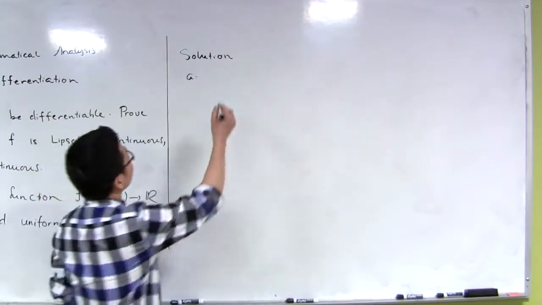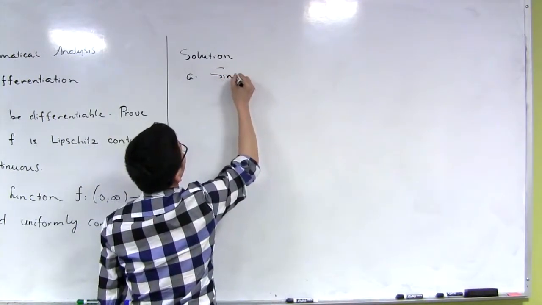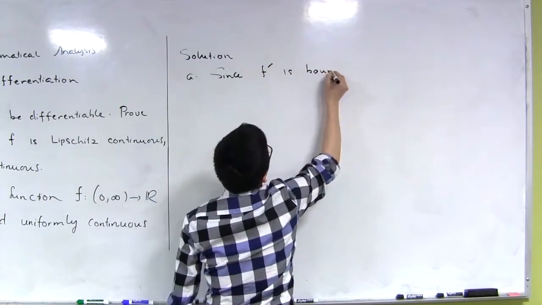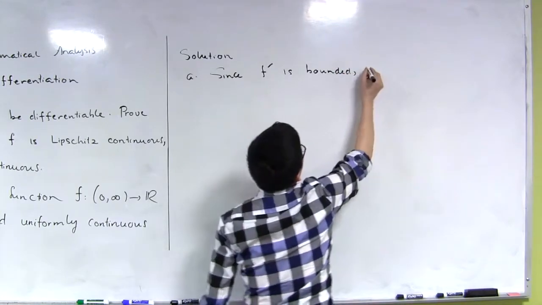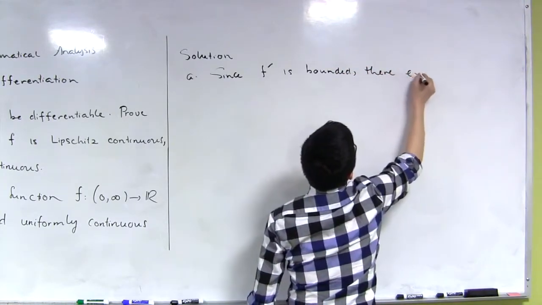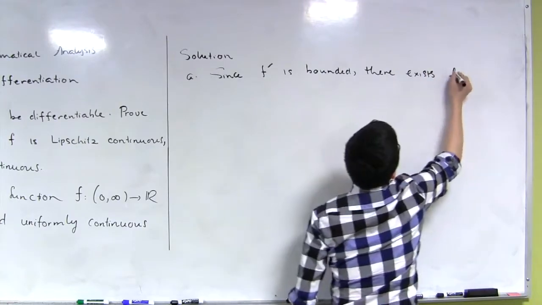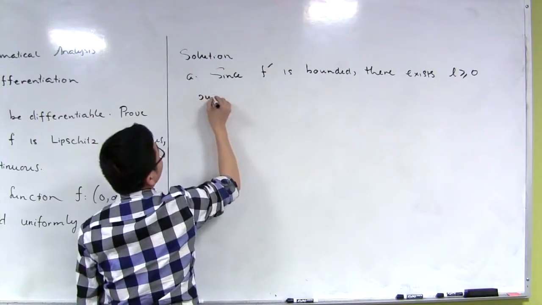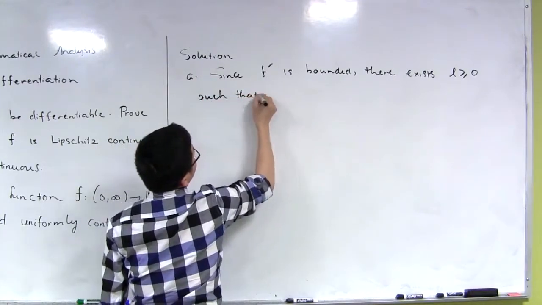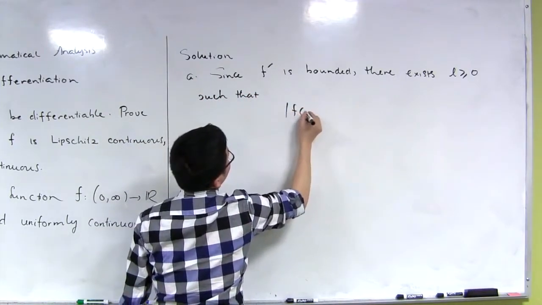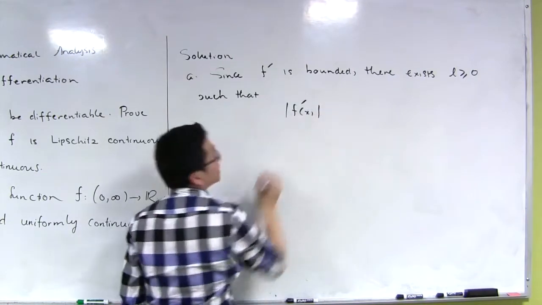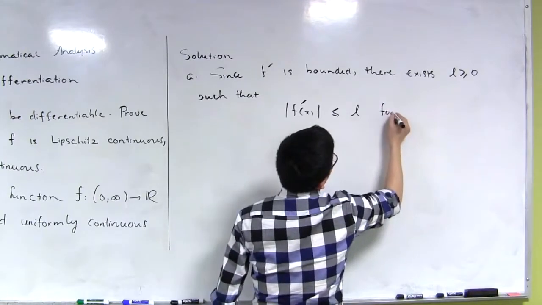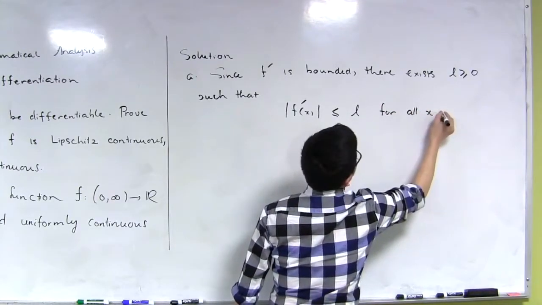Since f prime is bounded, there exists a constant L greater than or equal to 0 such that the absolute value of f prime of x is less than or equal to L for all x in R.